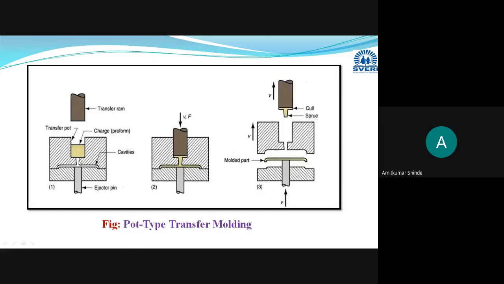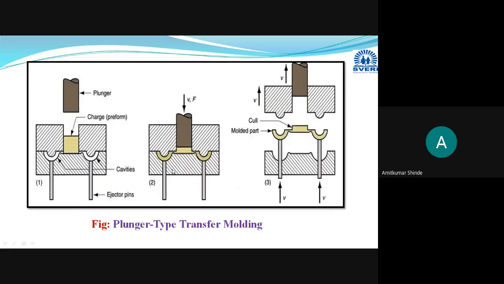This is the pot type transfer molding process. From this transfer pot, the charge or preform is transferred into the mold cavity through the vertical channel like the sprue.